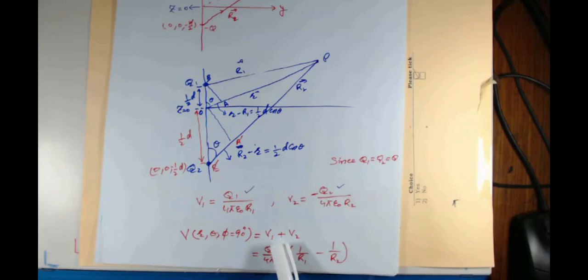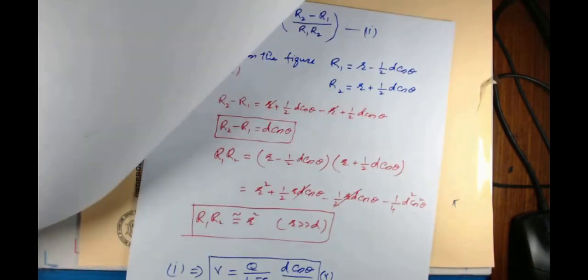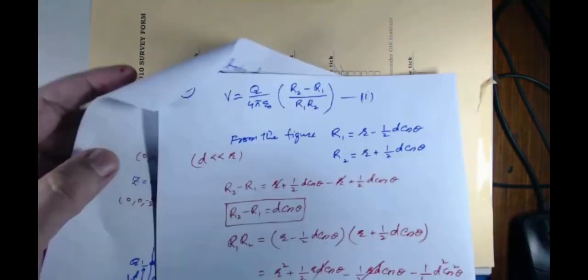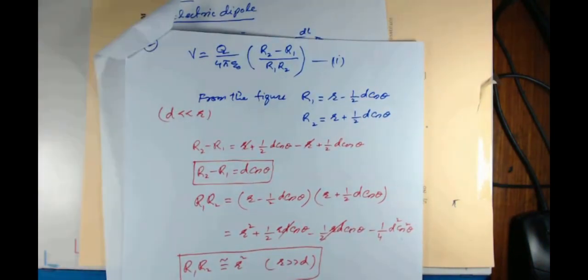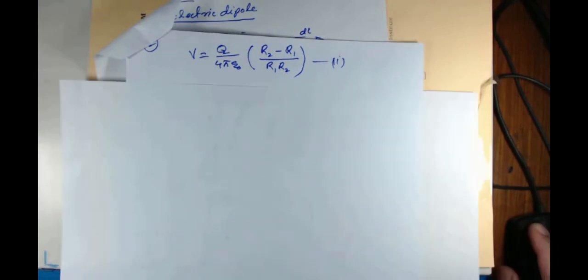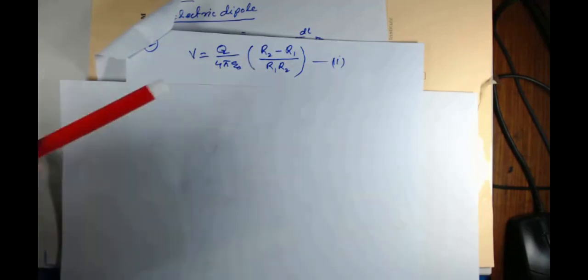Inserting the relations of V1 and V2, we can easily obtain Q divided by 4 pi epsilon naught into 1 upon R1 minus 1 upon R2. Taking the LCM of this relation, one can obtain equation number 1.